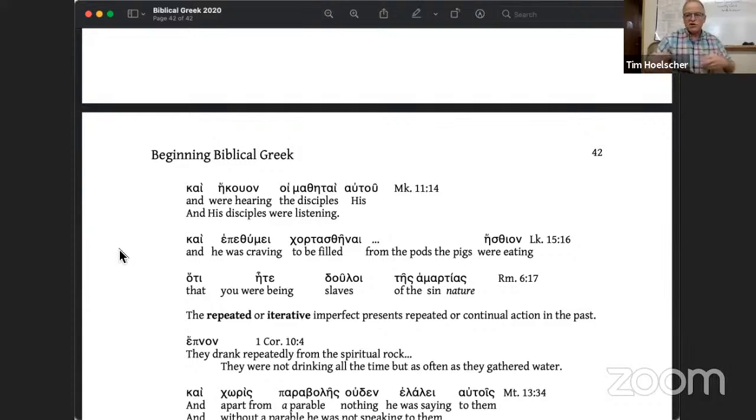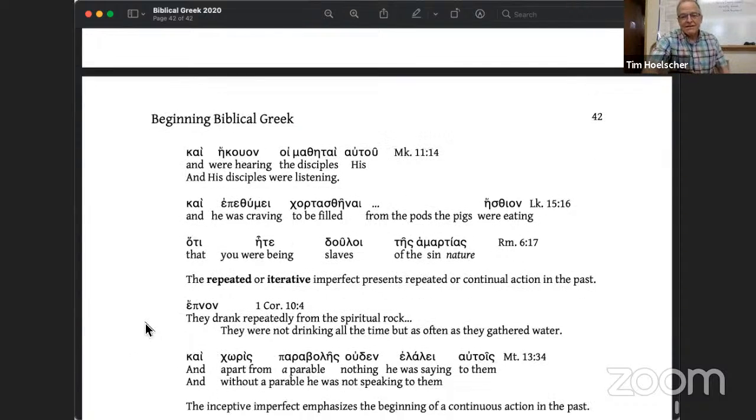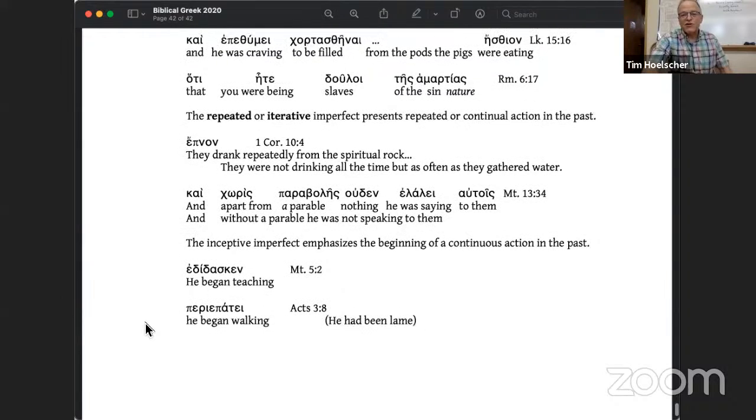But this is what you were being. This is the way your life was prior to salvation. This is why this verse is actually really practical on another side from the main point Paul's making, and this is why I think as Christians I don't expect more out of the unsaved world, because they don't have any option other than to serve their sin nature. Anyway, that's a doctrinal application, not Greek particularly.